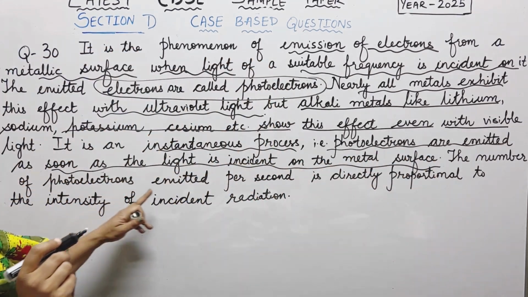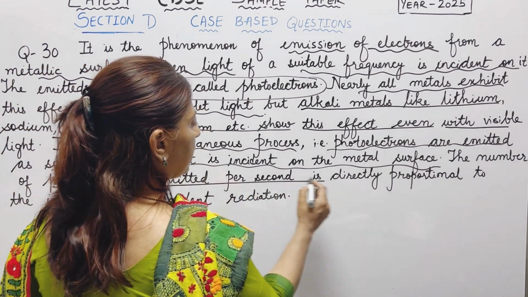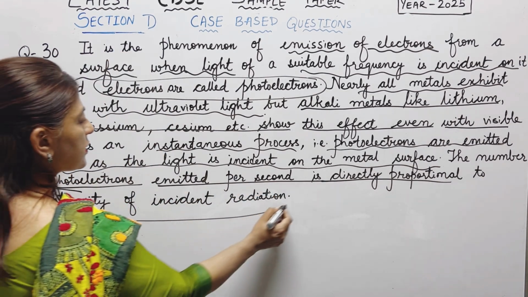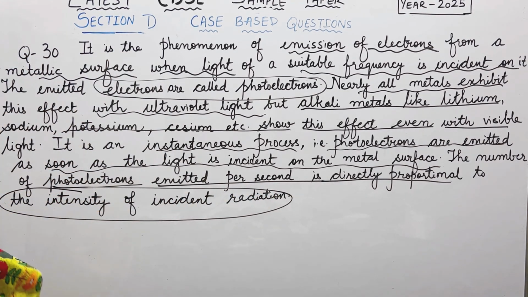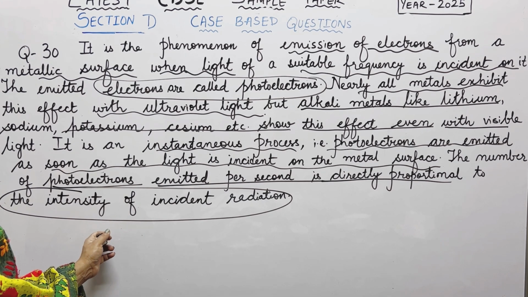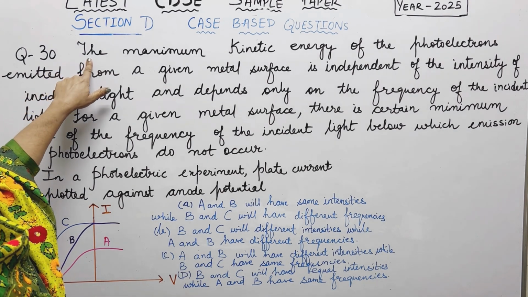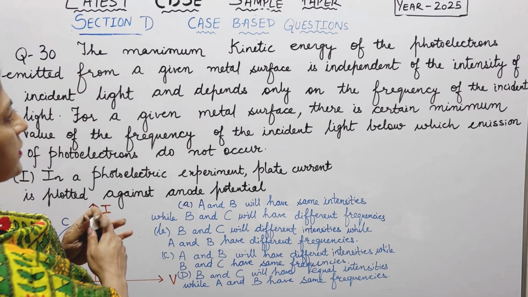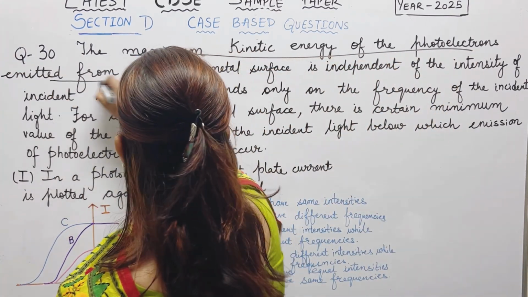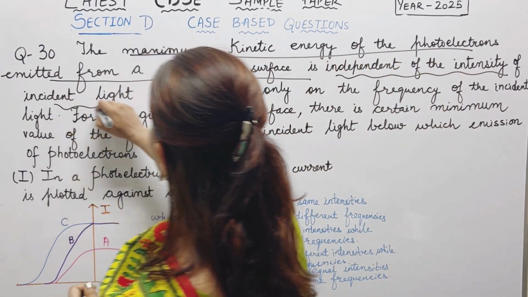The number of photoelectrons emitted per second, the number of electrons emitted in 1 second, is directly proportional to the intensity of incident radiation. So here the photoelectric effect is described in question number 30. Continuing with the theory given in the 30th question, the maximum kinetic energy of the photoelectrons emitted from a given metal surface is independent of the intensity of incident light.